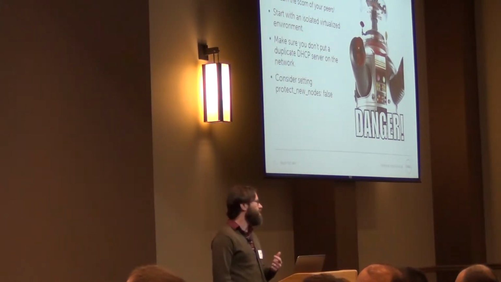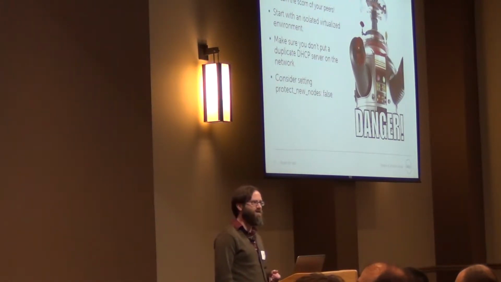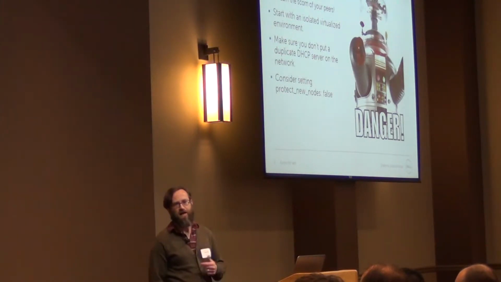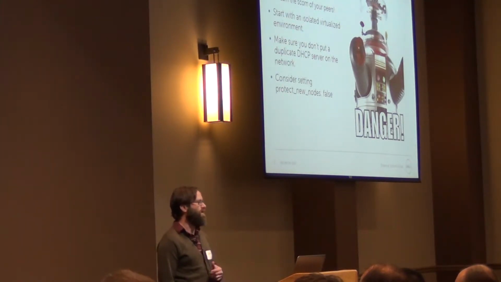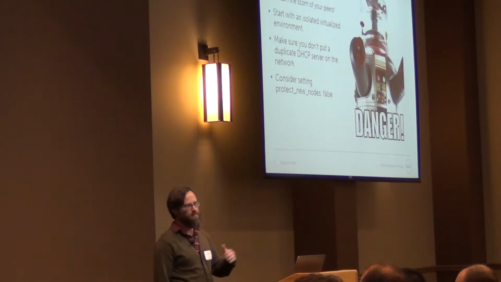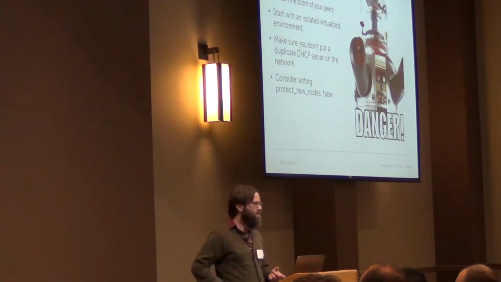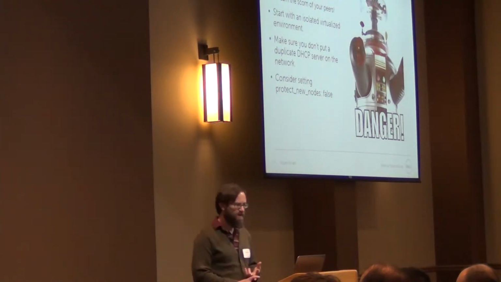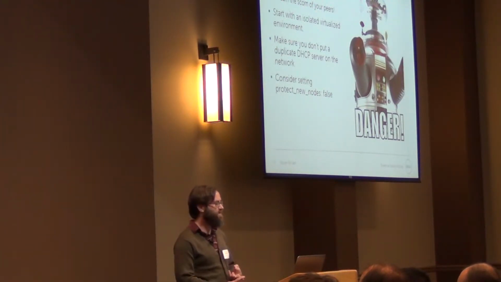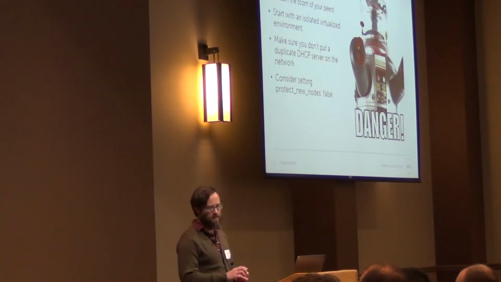Because by default, when a server boots up and Razor sees it, it will install a microkernel on it, which is a simple Linux image to get some inventory data back. And then after that, it's going to actually install the OS if certain conditions are met that we'll get into later.